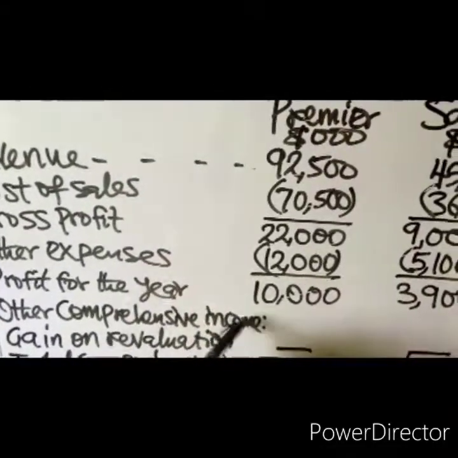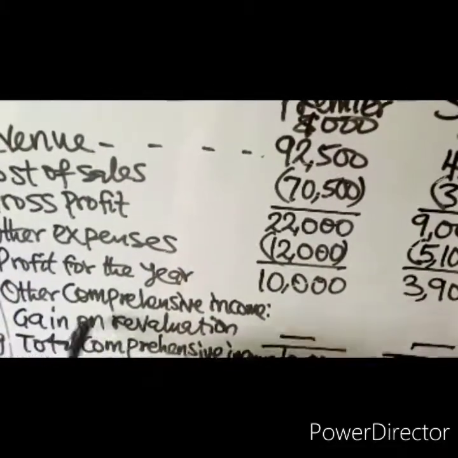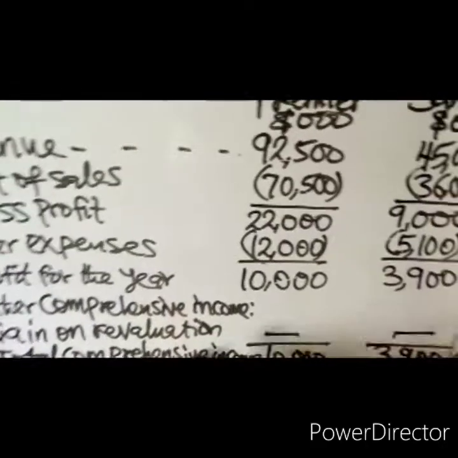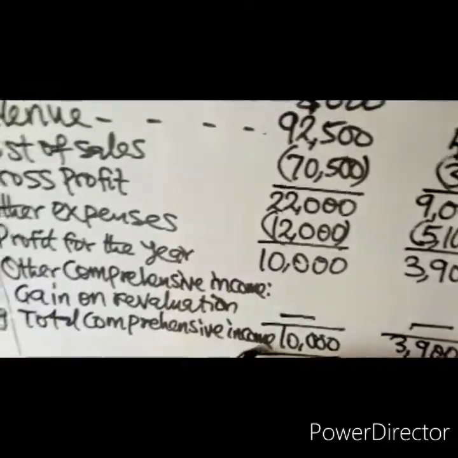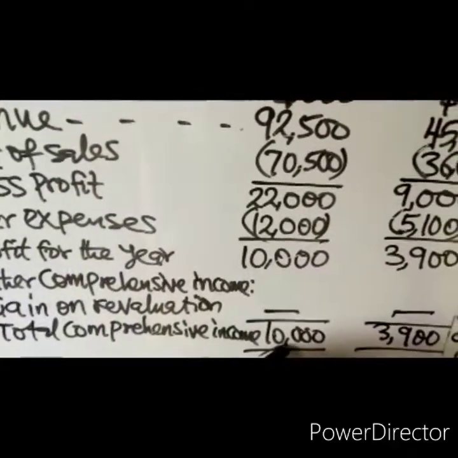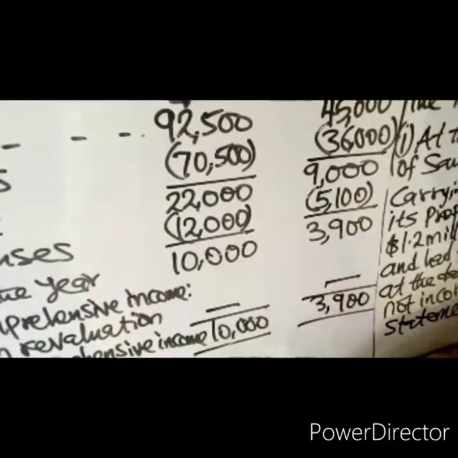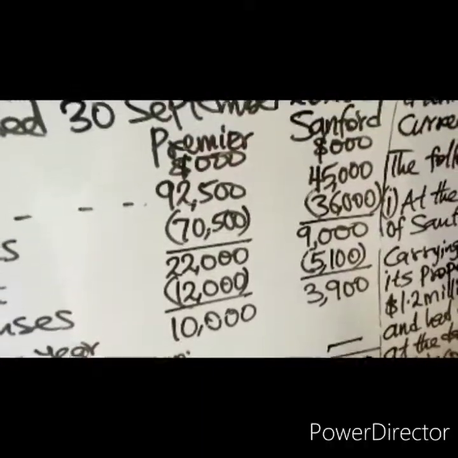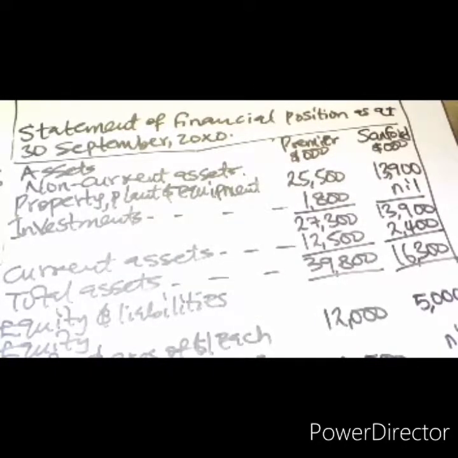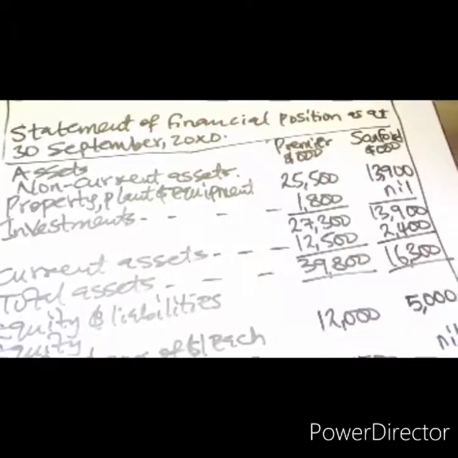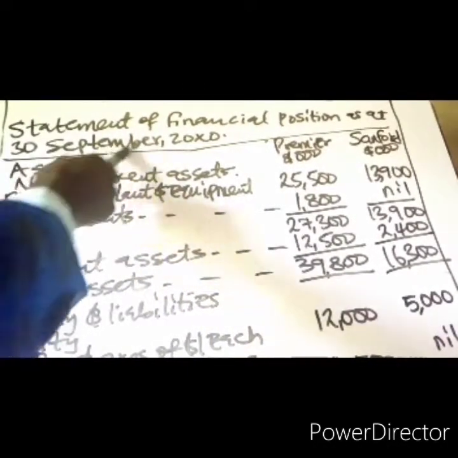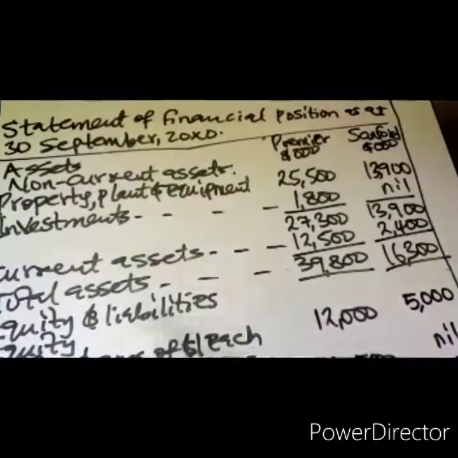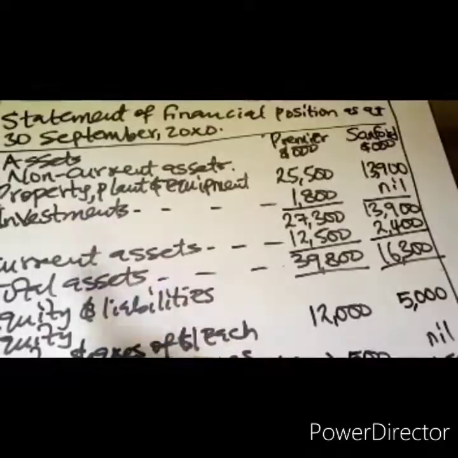Other comprehensive income, gain on revaluation, we have nil for both entities. Total comprehensive income, we have 10,000 and 3,900. Statement of financial position as at 30 September 20x0. We have for Premier and Sanford assets.